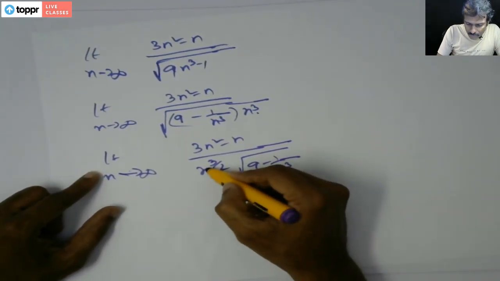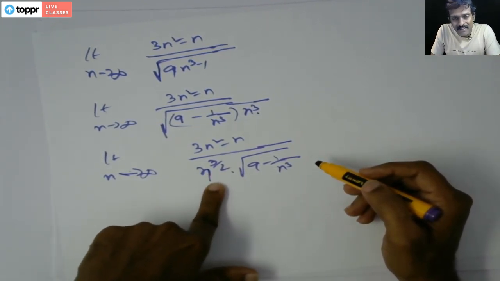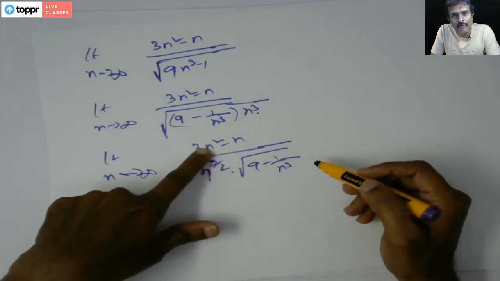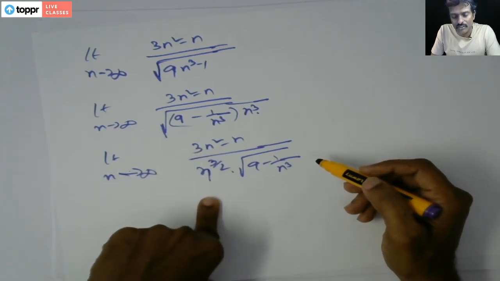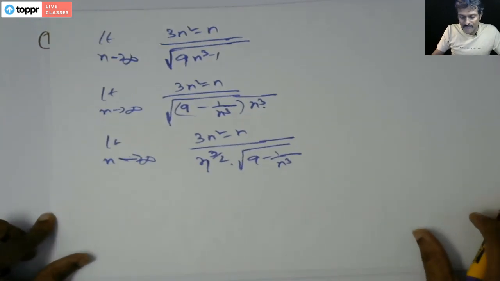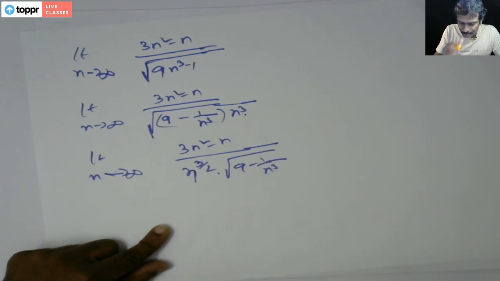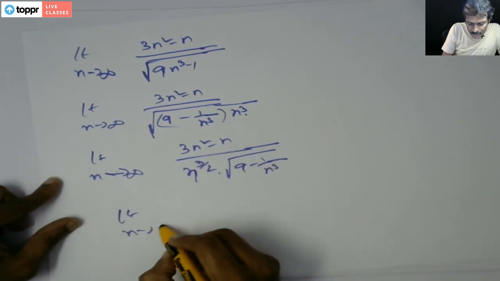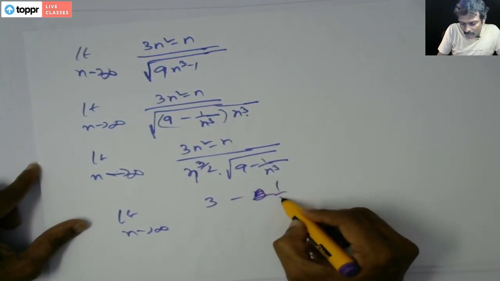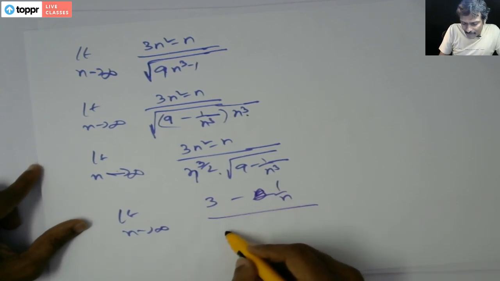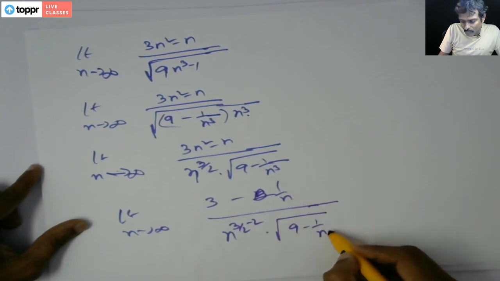Now this is a good question actually. Here the power of the denominator is actually smaller than the power of the numerator. So there is no way that we are going to get a defined limit for this one. The limit for this question should be infinity. For example, if I divide this with n square, then limit n tends to infinity of 3 minus 1 by n over, if I divide with n square, it is n power 3 by 2 minus 2 times root of 9 minus 1 by n cube.